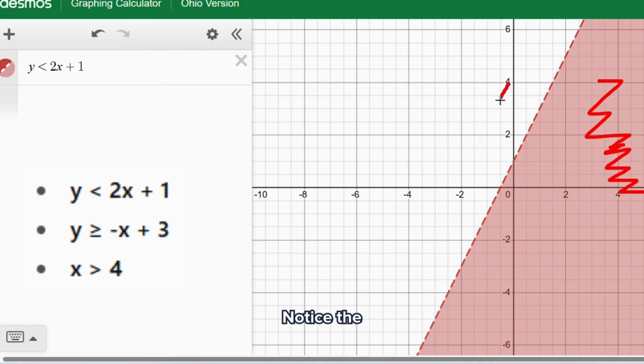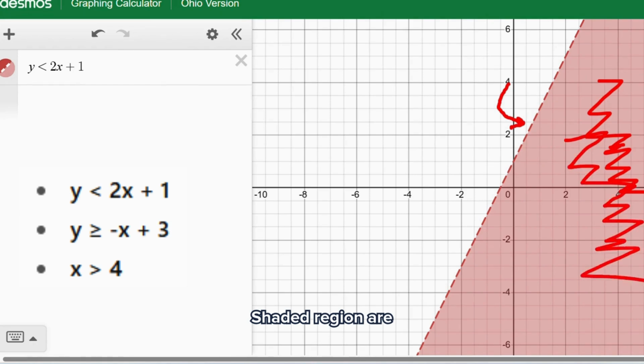Notice the boundary line is dashed, and a dashed line means the points on the line are not part of our solution. Only the points in the shaded region are included in our solution.